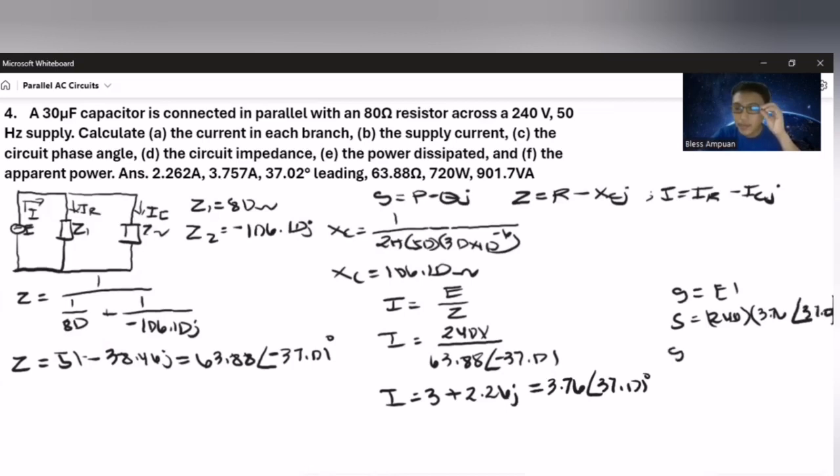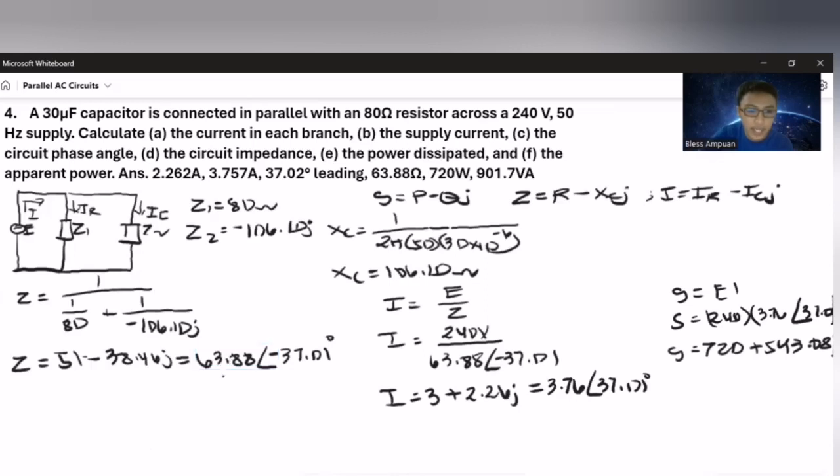So our apparent power, you can use a calculator, is equal to 720 plus 543.08 J.